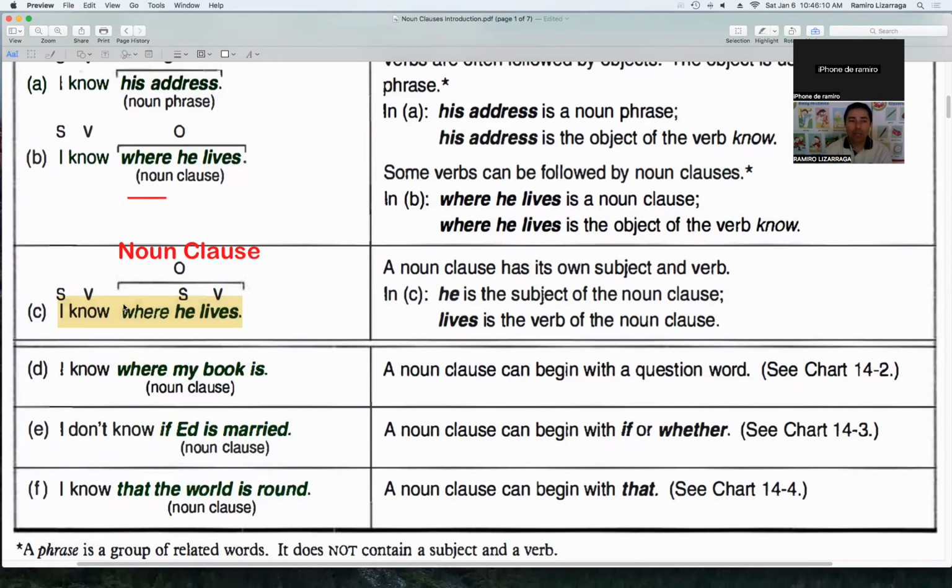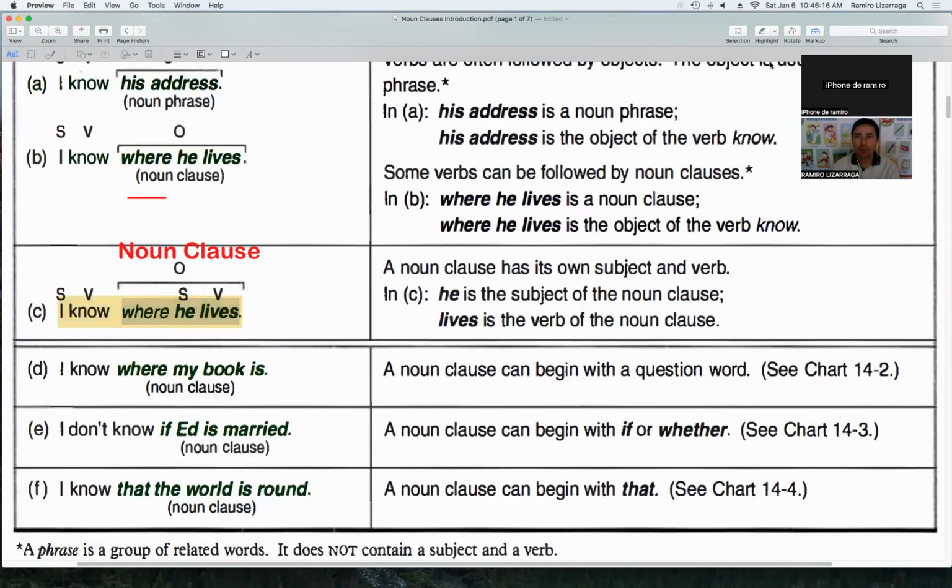El objeto que está aquí, which I'm going to underline, is the object. And the object is the noun clause. This is the noun clause. I know where he lives, okay? Because I don't want you to be confused.